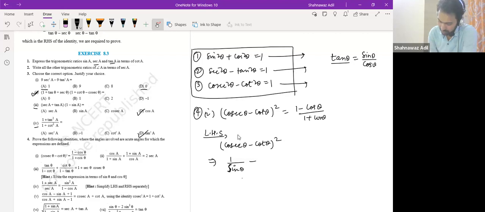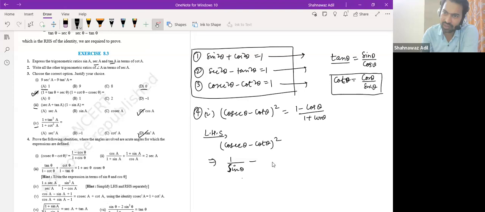Cot theta is the reciprocal of tan theta, right? 1 by tan. Which means cot theta is cos theta by sine theta. Correct? Understood? Is this clear, Rizwan?